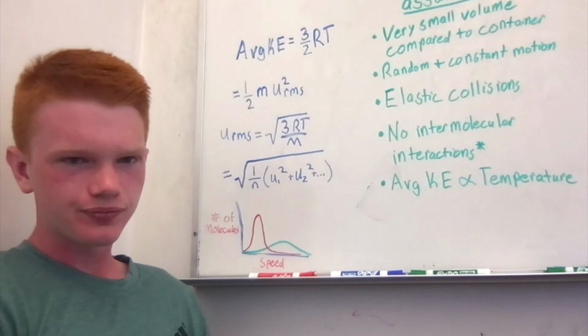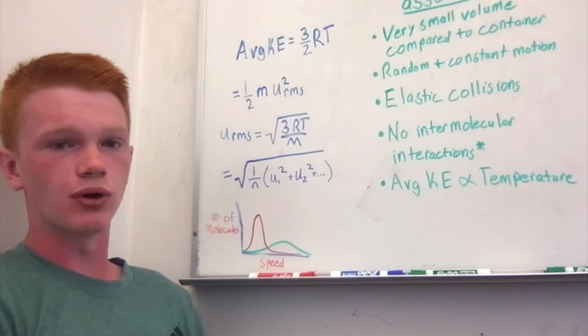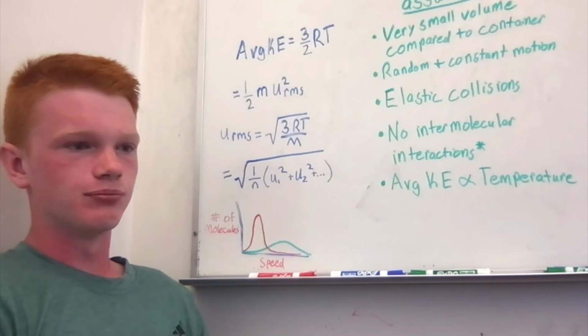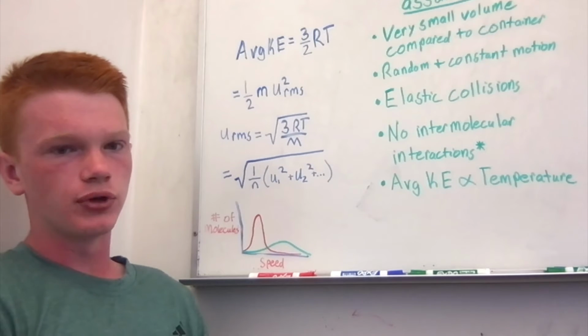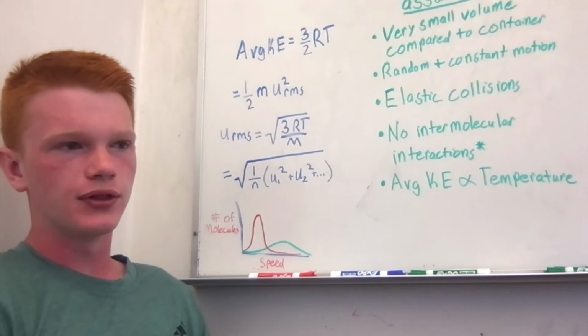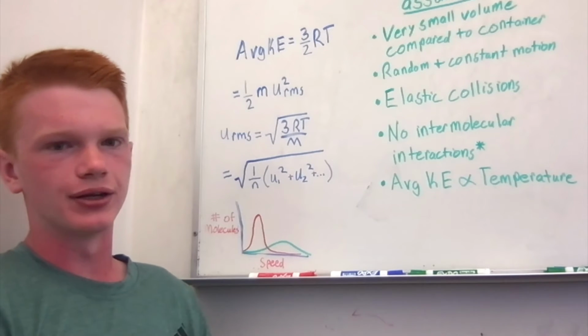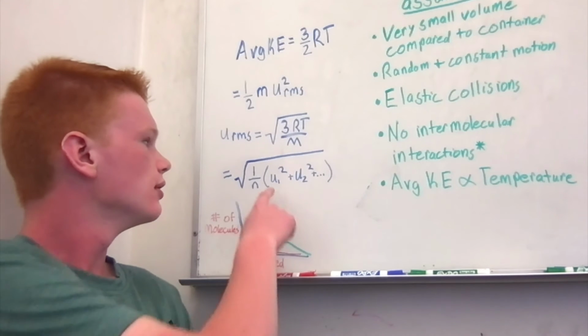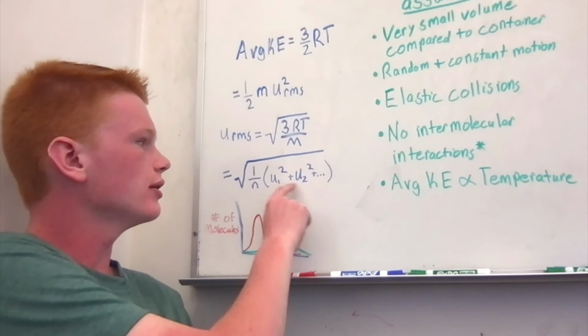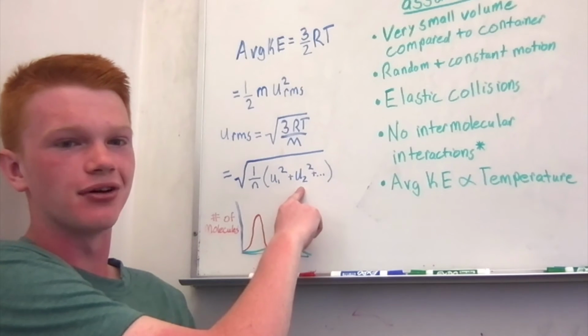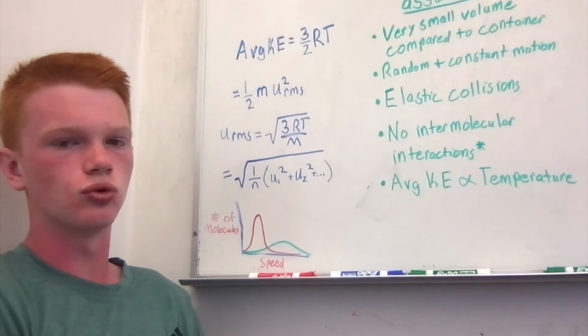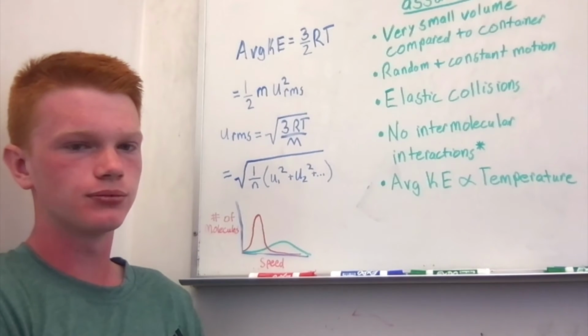And the root mean square speed also means when you take all the speeds of the individual molecules, you add that up in a way and you get the root mean square speed. So you have u1 and u2, those are representative of the velocity of individual gas molecules.